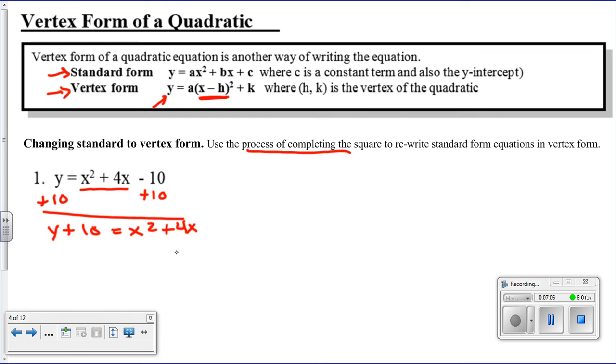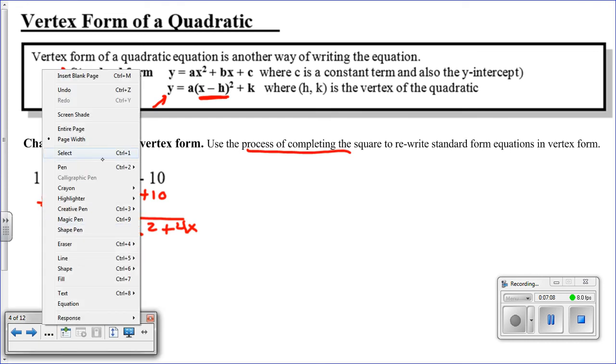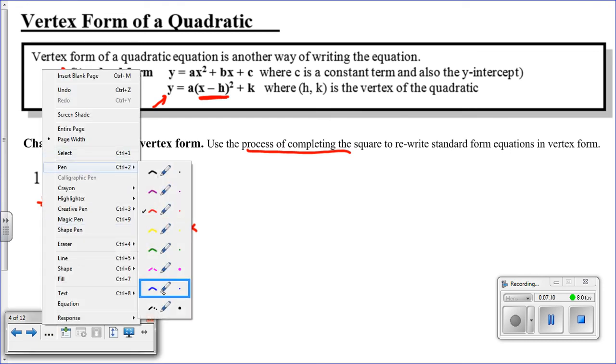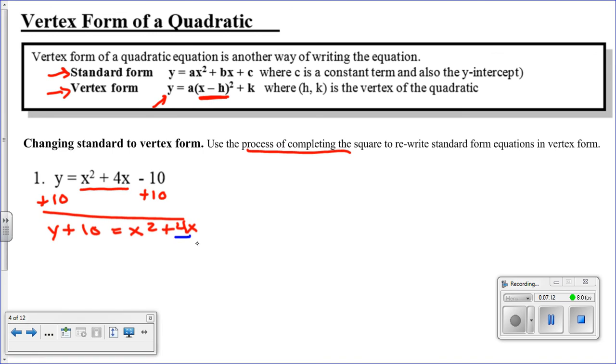If you remember, we look at that linear term, which is 4, and half of that is 2, and then you square it. So you take half and square it. That means we're going to add 4 to both sides, because remember, it's still an equation. Whatever you do to one side, you have to do to the other.